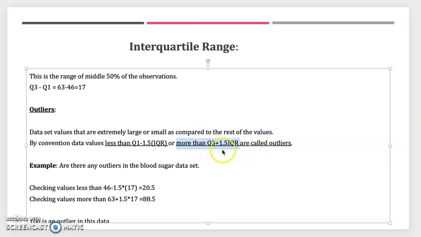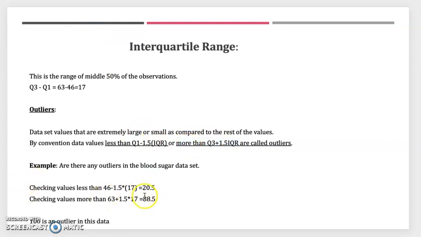We use these two to make the boundary. After that, you can calculate. The lower bound is about 20, and the higher bound is 88.5. Then we can see that earlier, 100 is an outlier for the data set.